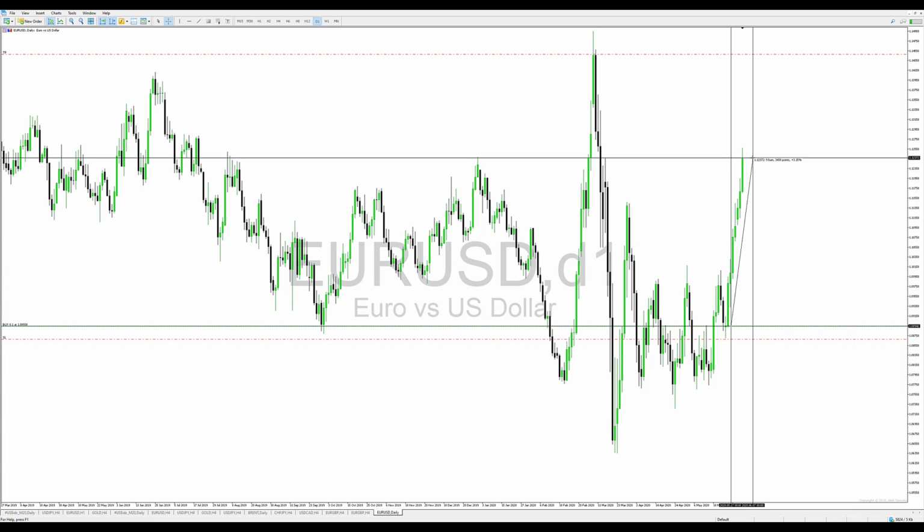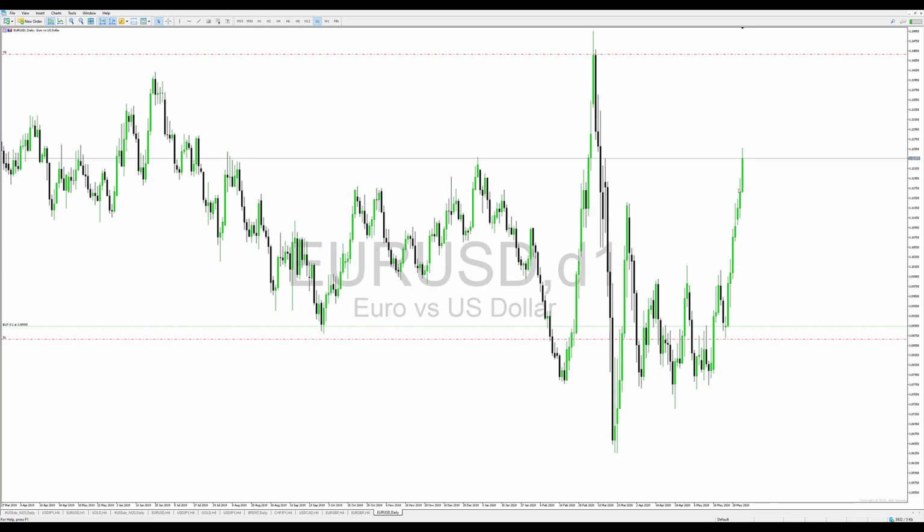Price has already moved 343 pips. Now I've got the luxury to trail stop all the way up here. Can trail stop like 200 pips with the 0.1 lot size. This is a trade, guys, that I took, I think 2 weeks ago.